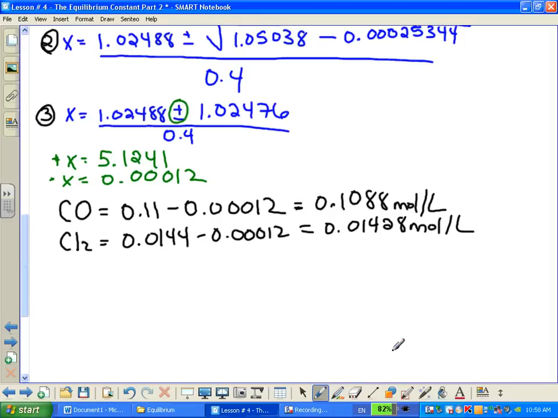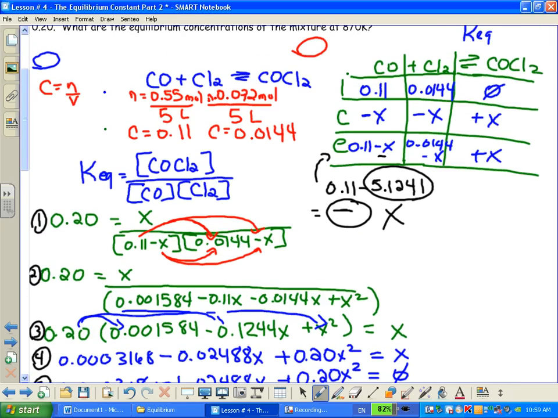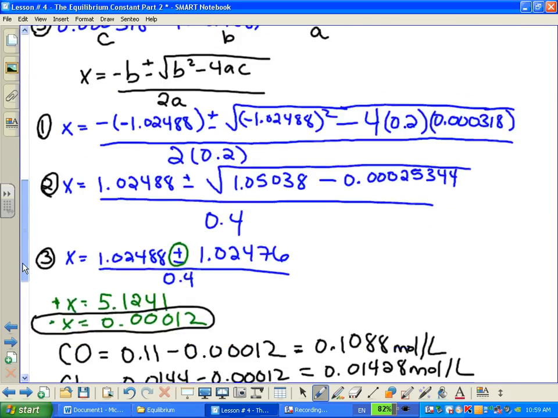And then we do our product, which is 0.00012, right? Which is just what our x value was. So literally all I'm doing is taking the value that we got right here and substituting it in for my x's that I denoted right here, here, and here. And that would be the final step to your answer.